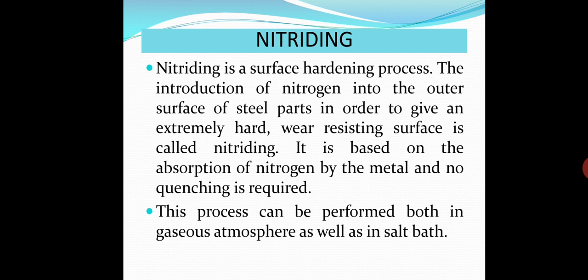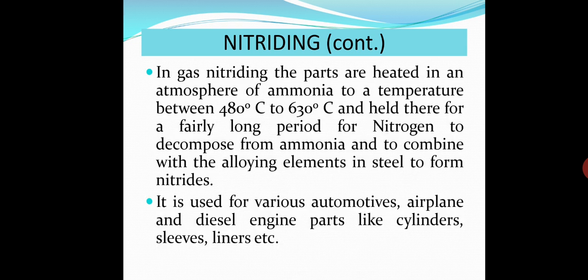It is based on the absorption of nitrogen by the metal and no quenching is required. This process can be performed both in a gaseous atmosphere as well as in a salt bath.